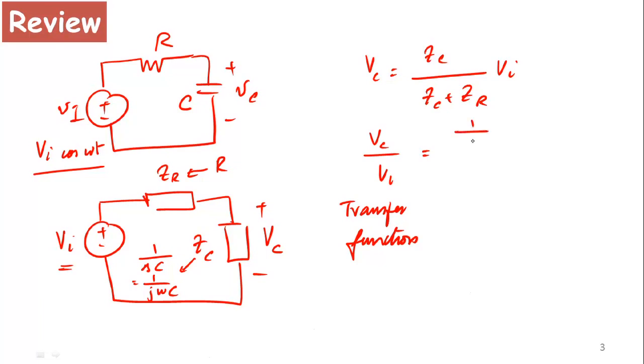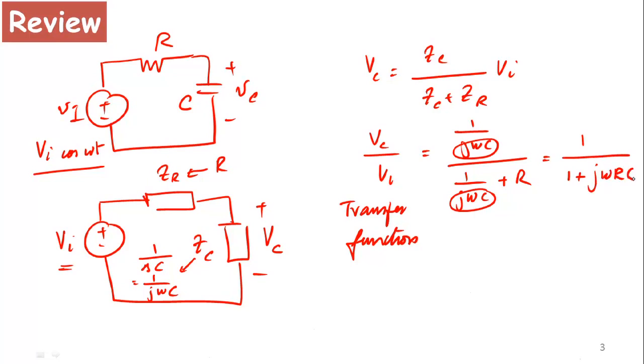So I get 1 divided by J omega C for ZC, and I get R for the impedance of the resistor. If I multiply both the numerator and denominator with J omega C, what do I get? I get 1 in the numerator, and I get 1 plus J omega RC in the denominator. So the transfer function VC over VI is simply 1 divided by 1 plus J omega RC.